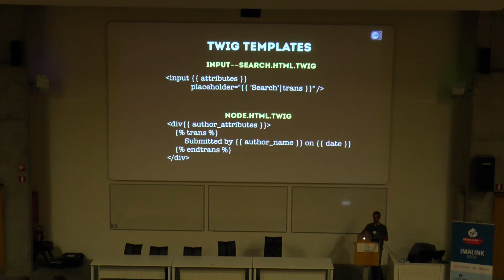But if you are passing more parameters to the trans filter, or you want to pass a context, it's more readable to use the trans tag, which is the one you can find in node.html.twig.